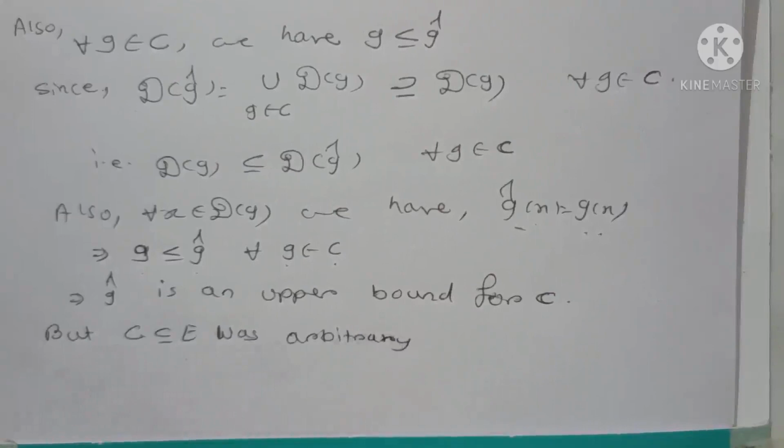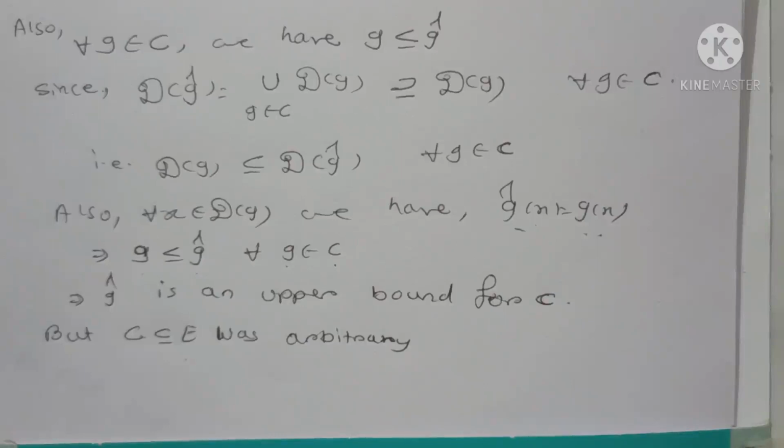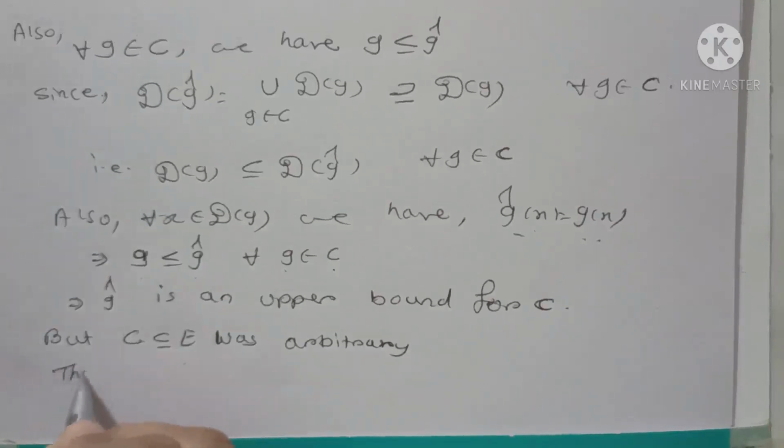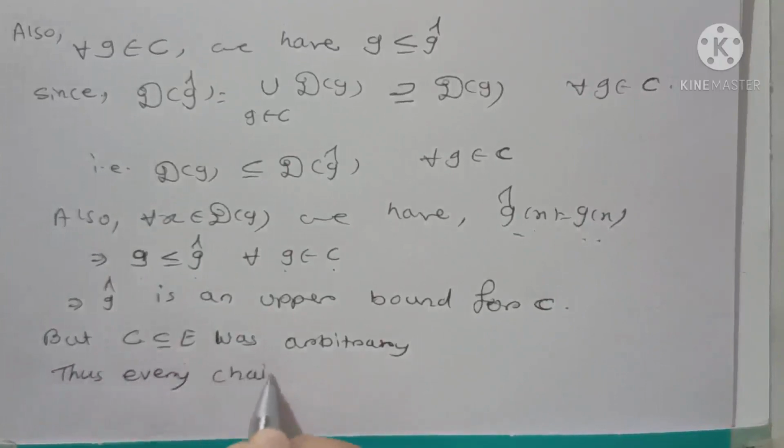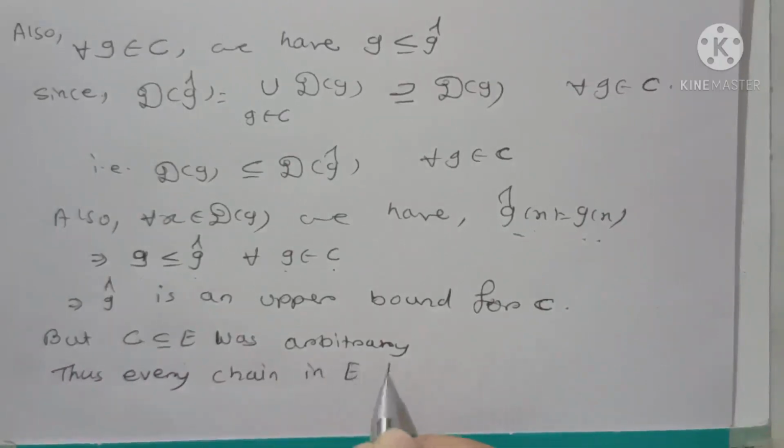This chain is arbitrary and this chain has the upper bound. That means every chain in E has an upper bound. Thus, every chain in capital E has an upper bound.